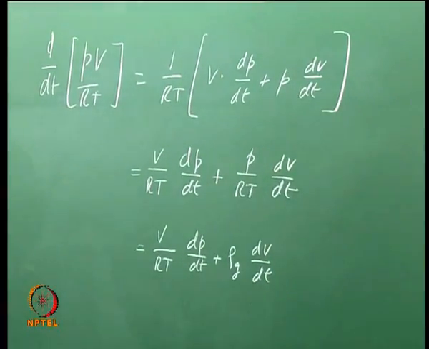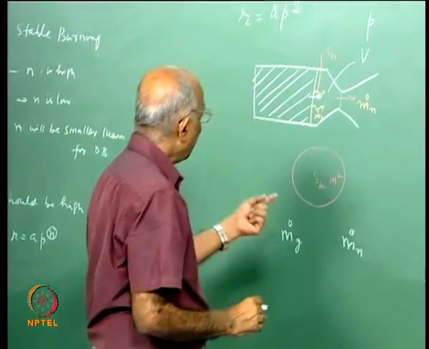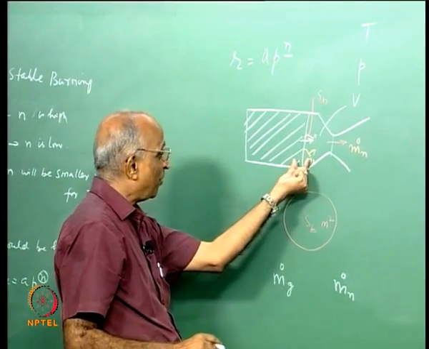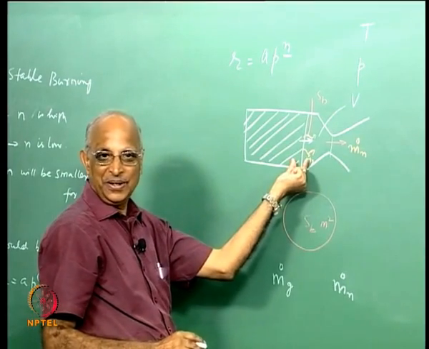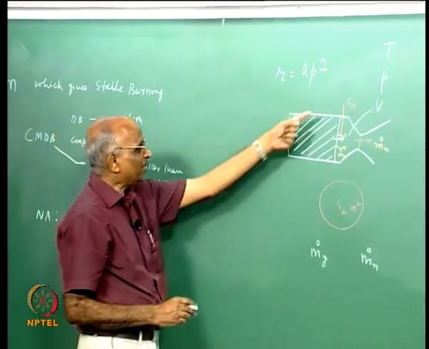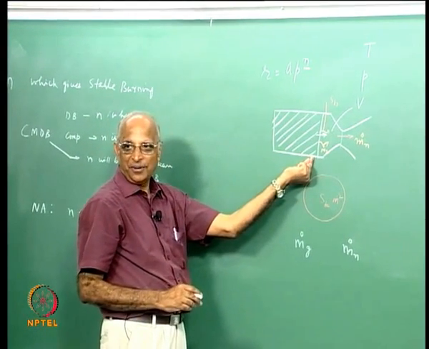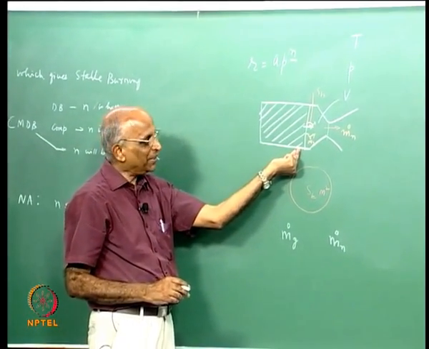Okay. What is dV by dt? What did we tell ourselves? The rate at which the volume is increasing. The burning surface area is SB, regression is by R, therefore dV by dt is what?